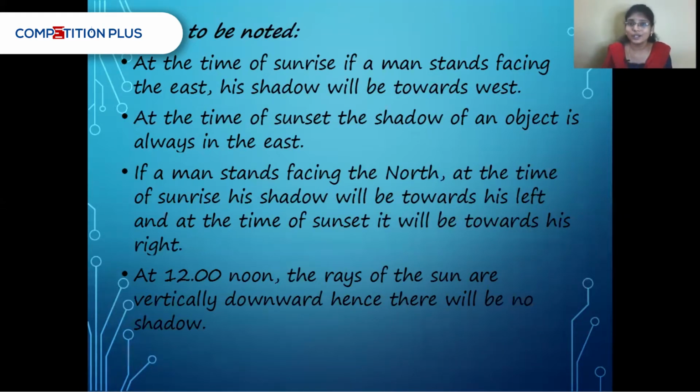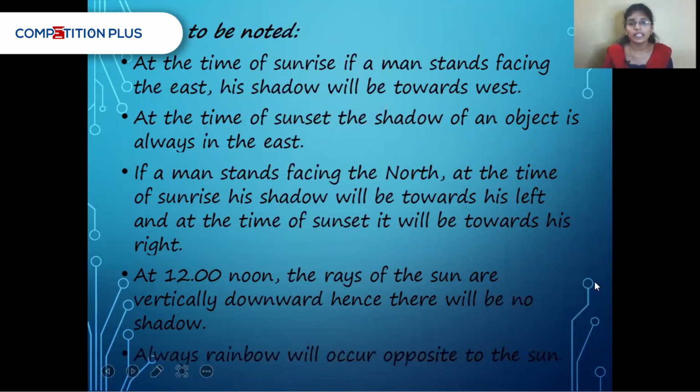So no shadow means the shadow falls on the object itself. You should understand the fact that the shadow is obtained on the object itself. It is not to the right or left of the object. That is the concept behind this point.